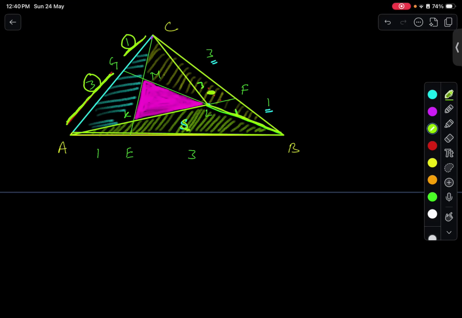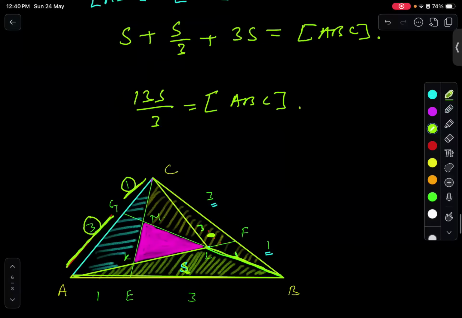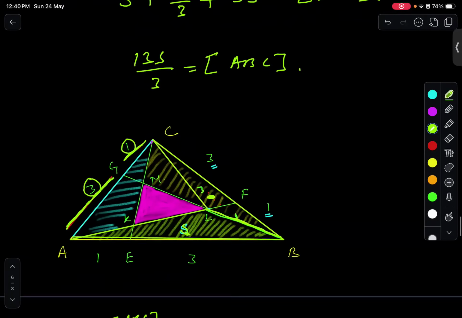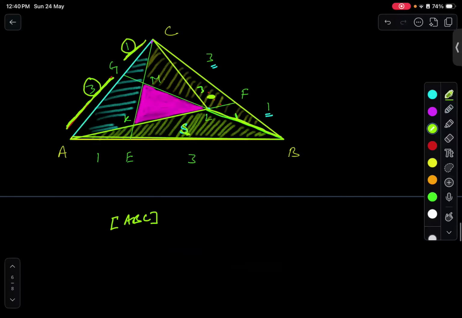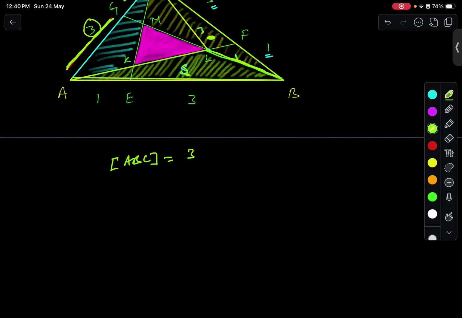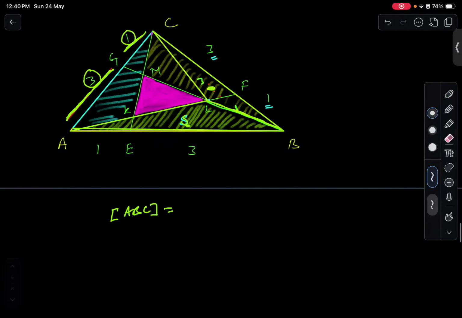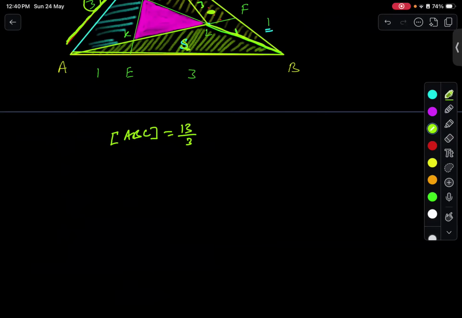So the total area, in this case ABC, and each and every one of these areas is coming as S, which is 3 by 13 of the total area. So ABC is 13 by 3 S, so S is equal to 3 del by 13, of the total area.